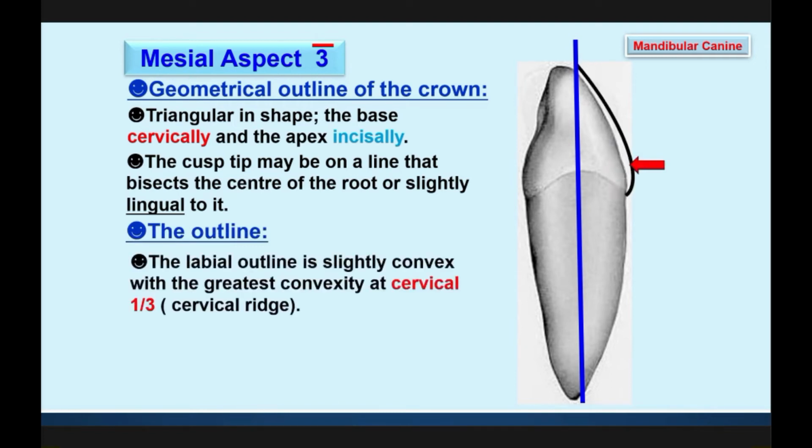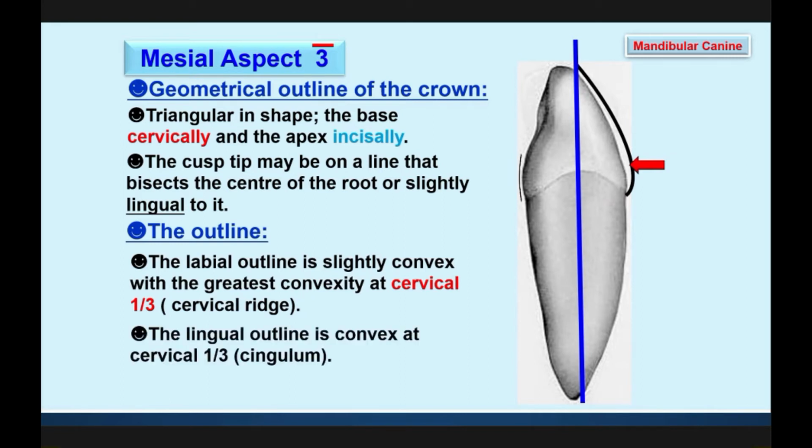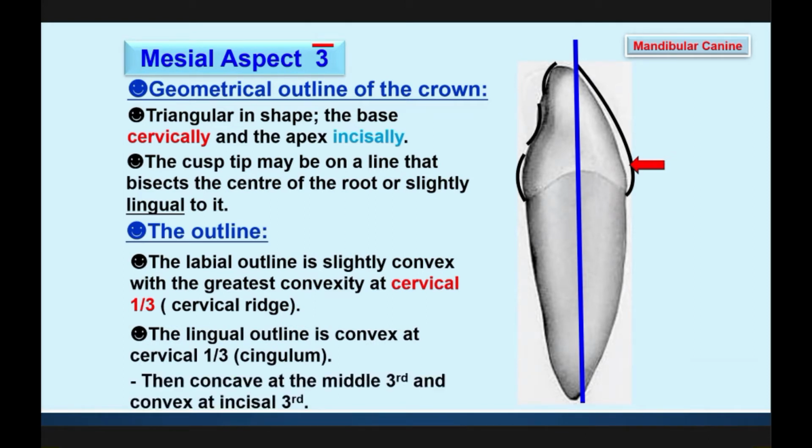The labial outline you see is slightly convex, with greatest convexity at the cervical third, as usual. The lingual outline is convex at the cervical third, that is the cingulum, then concave at the middle third and convex at the incisal third. In the case of the maxillary canine, the middle concavity cannot be seen due to the prominent lingual ridge, so it becomes a little bit straight.